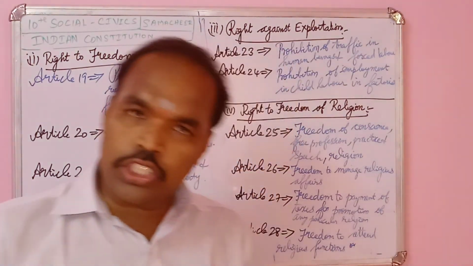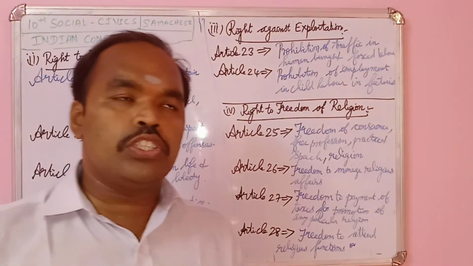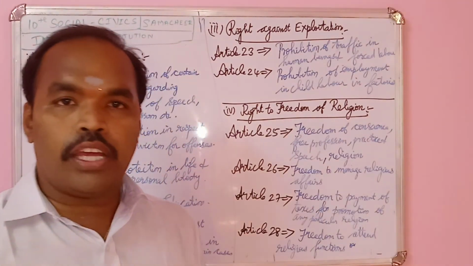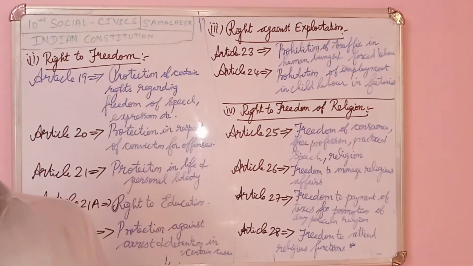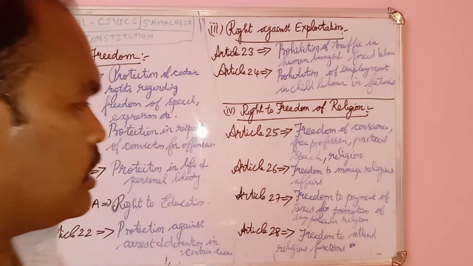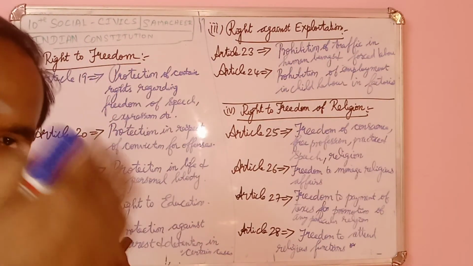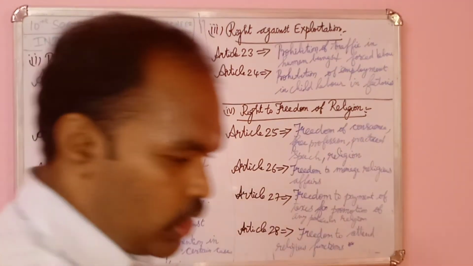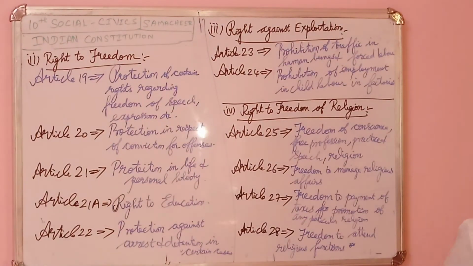In some educational institutions, there are Hindu minority institutions, Christian minority institutions, or Hindu Mission Charitable Trust. Likewise, different things are there. Different education sectors are very keen on orthodoxy. They are very orthodox in their particular religion. That is the type of freedom. So this is about Article 28.